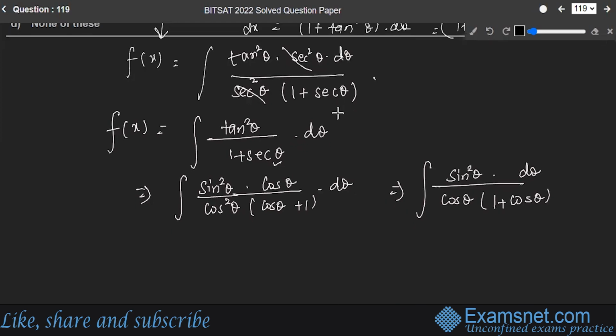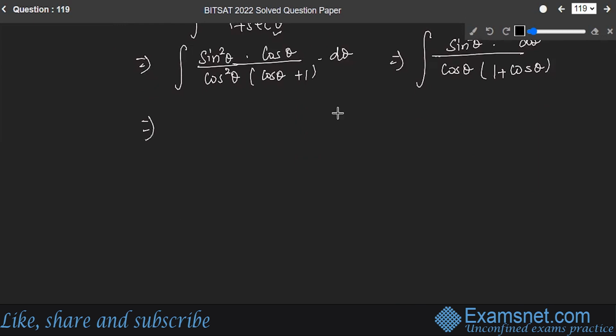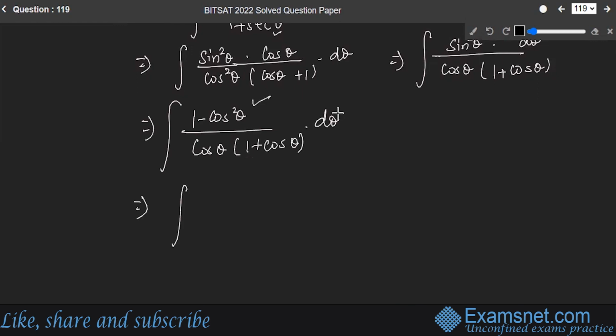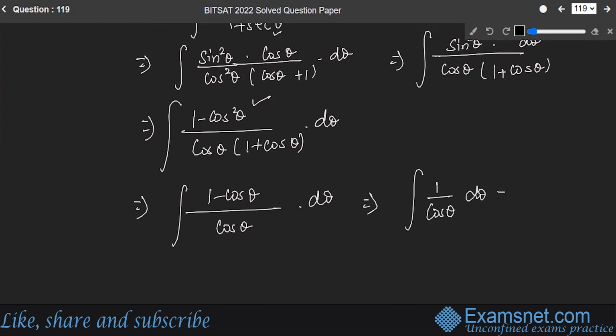Now I'm opening sine square theta. This can be written as (1 minus cos square theta) upon cos theta into (1 plus cos theta). So this can be written as (1 plus cos theta) into (1 minus cos theta), so you will remain with (1 minus cos theta) upon cos theta into d theta. Hope you understood till here.